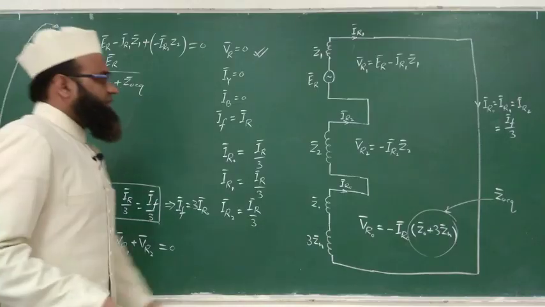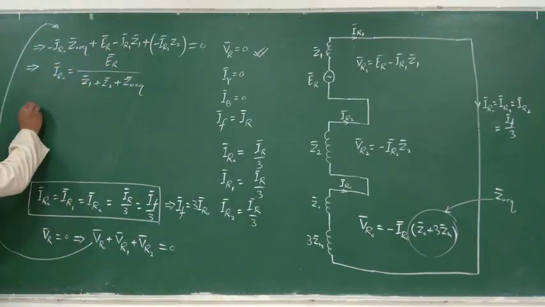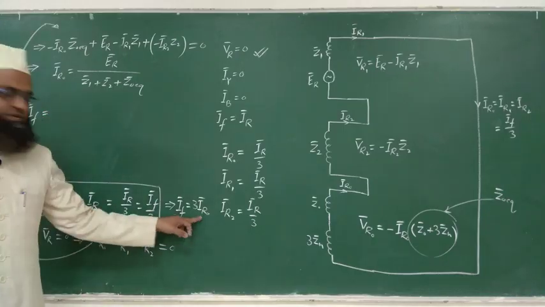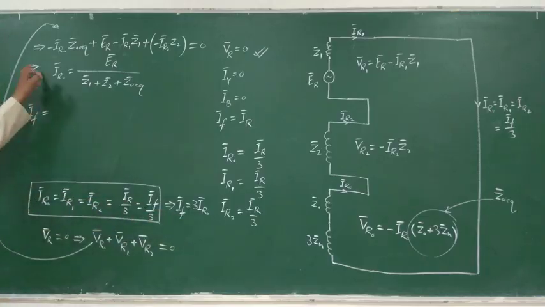So our objective is to find the fault current. What will be the fault current? IF will be equal to, we have evaluated IF is 3 times IR0 and IR0 is this.